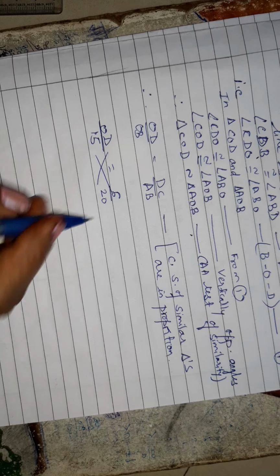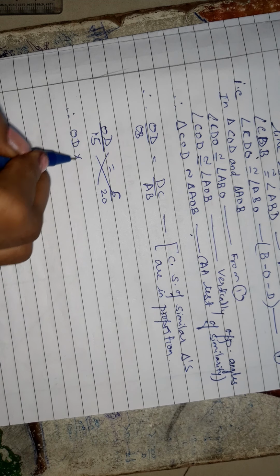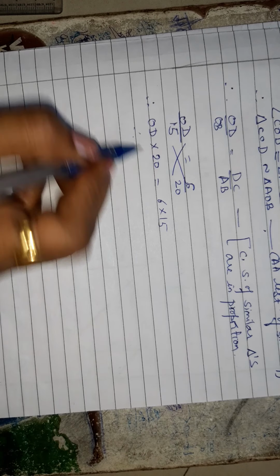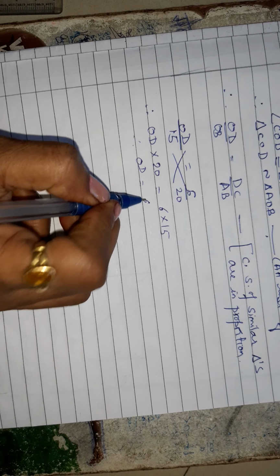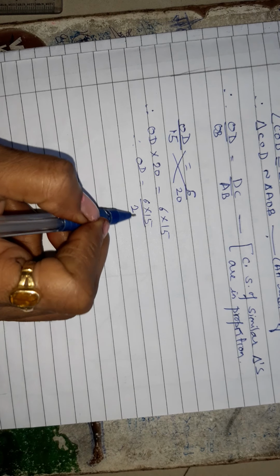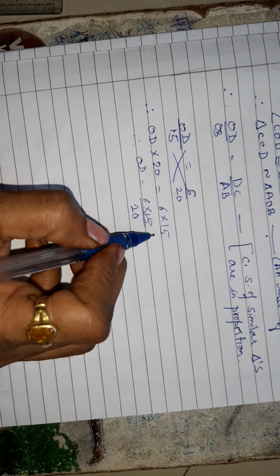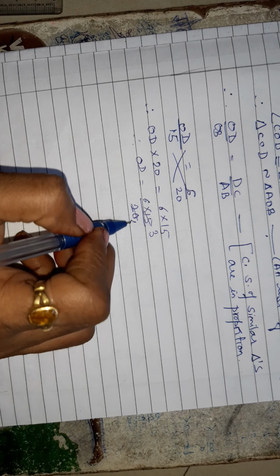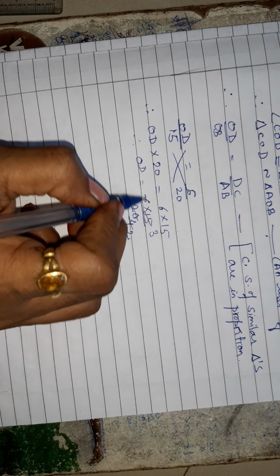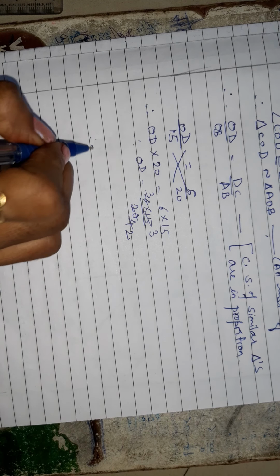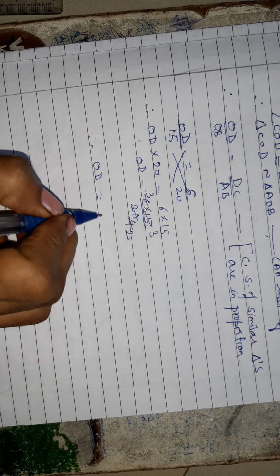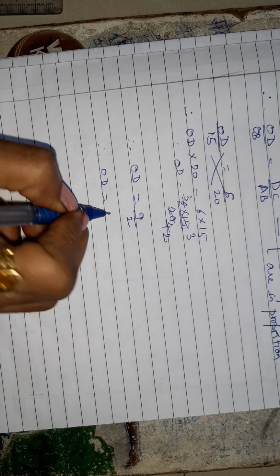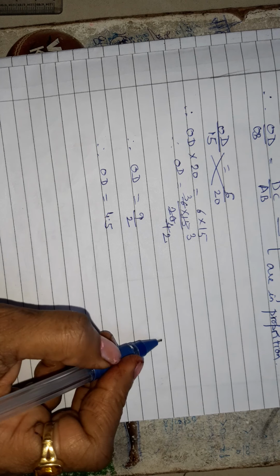Again cross multiplication. OD into 20 is equal to 6 into 15. Therefore, OD is equal to 6 into 15 divided by 20. 5 3s are 15, 5 4s are 20, 2 2s are 4, 2 3s are 6. You got OD is equal to 9 upon 2. When you divide it, you will get OD is equal to 4.5.